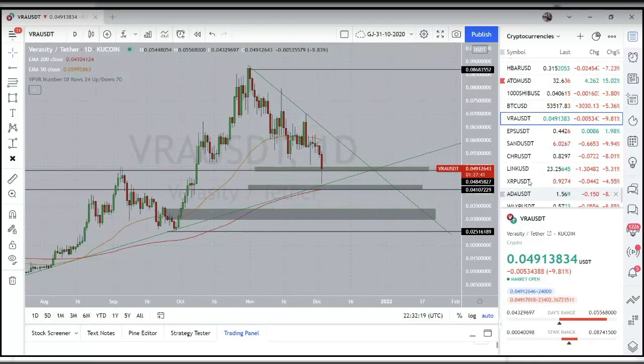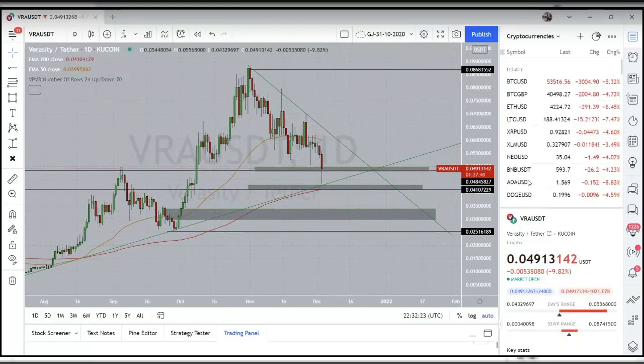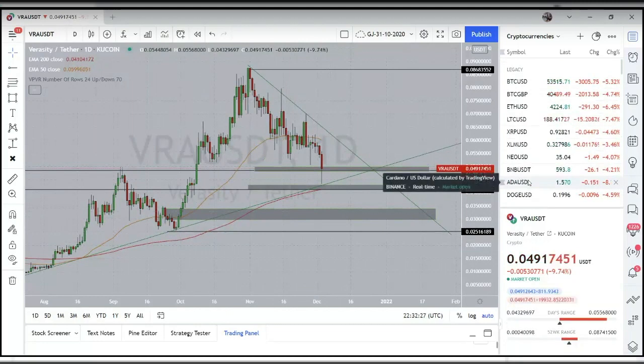We are going into the weekend, so Bitcoin could very well hold 53 and get some sort of relief rally back up into like 55, 56, or all the way up to 58, just off of weekend buying momentum.